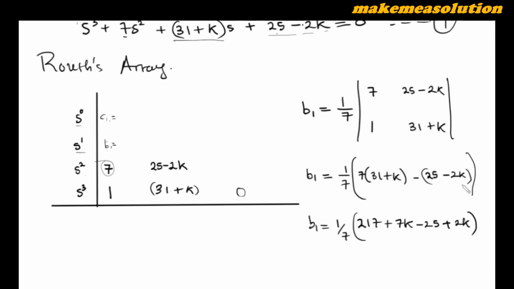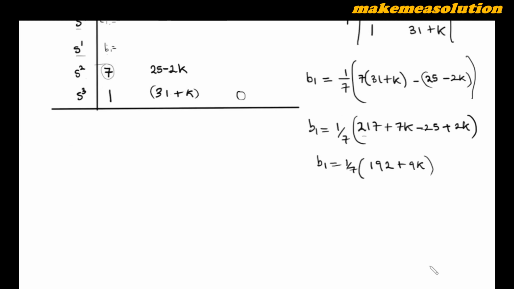So when you open the brackets carefully, our b1 will be 1 over 7 into 217 minus 25, which should be 192, and plus 9k. So this is what we have for our b1. Our b1 is simply 192 plus 9k divided by 7.